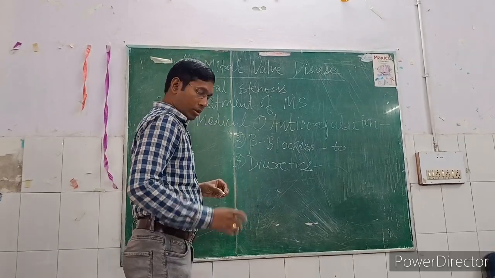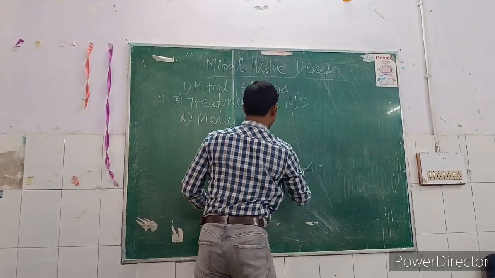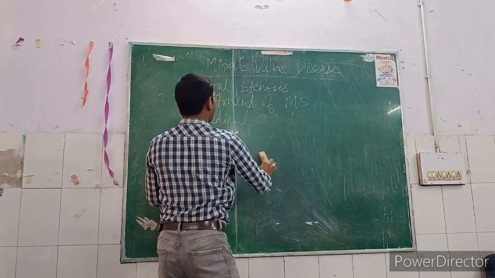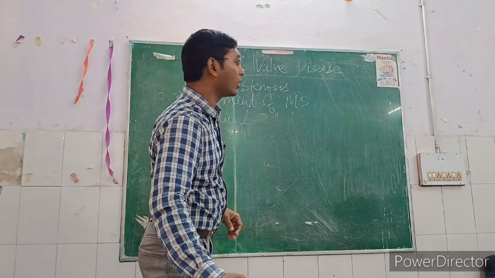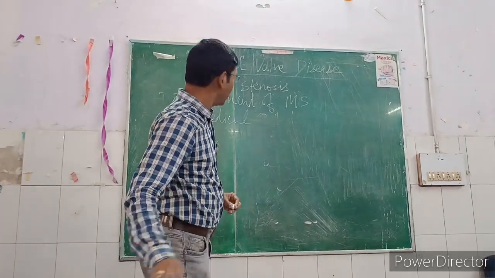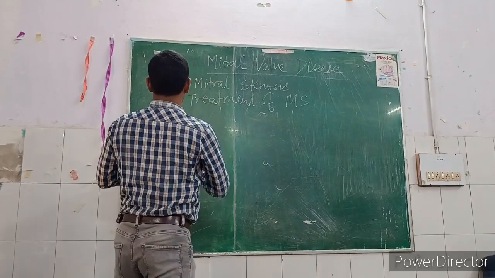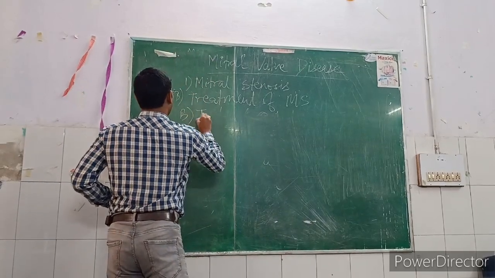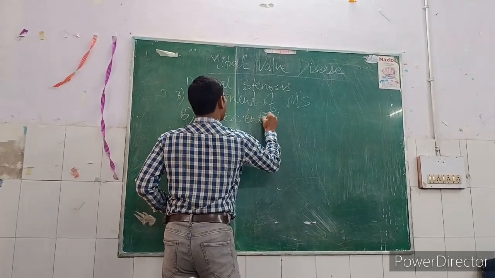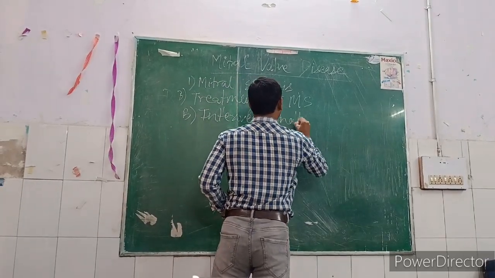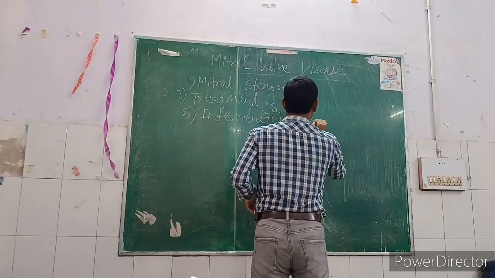And the interventional part is also important, because whenever our patient is young and can afford it, we should go for the interventional part also. Interventional treatment will be of two kinds.